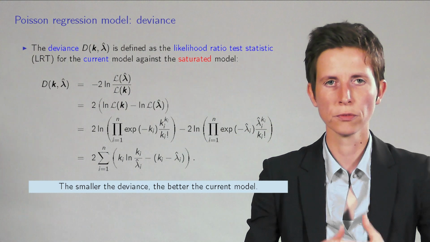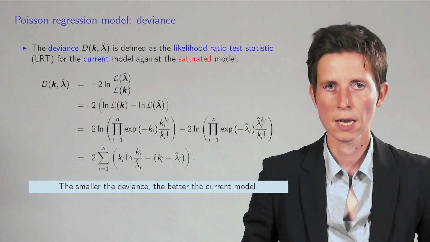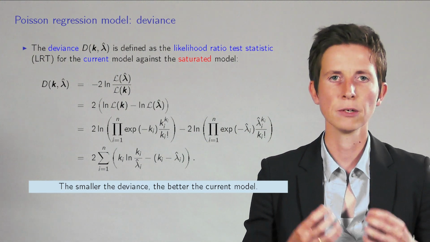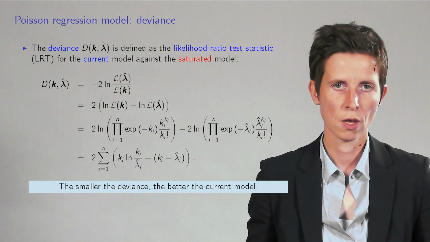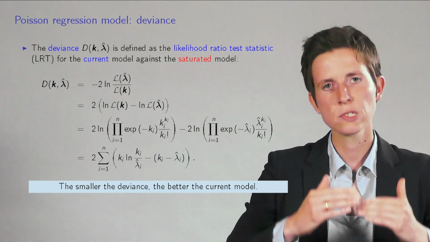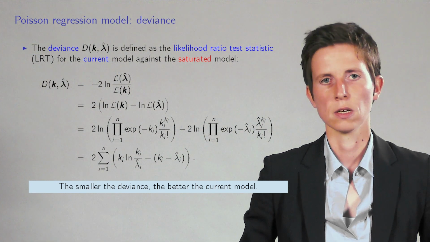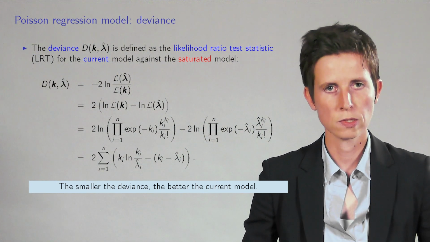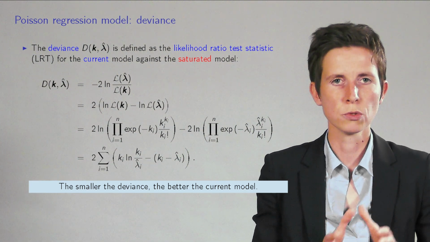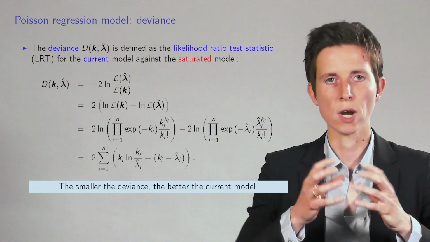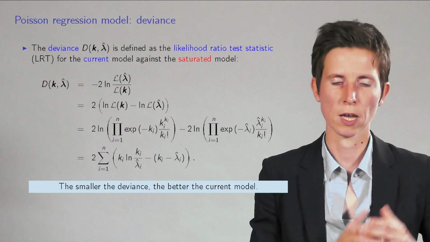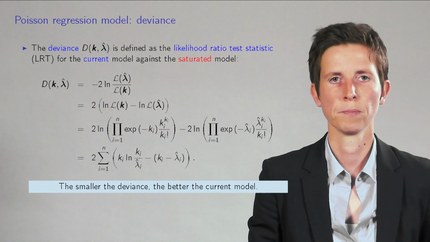The so-called deviance statistic is then defined as the likelihood ratio test statistic for the current model against the saturated model. It is a likelihood ratio statistic, thus it is equal to -2 times the log of a ratio of 2 likelihoods, as you can see over here.